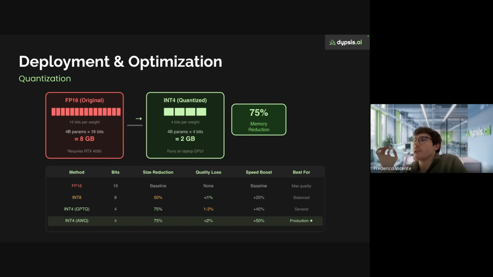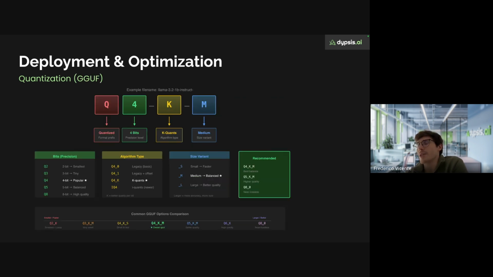Nowadays they have specific hardware for running with lower precision. So the hardware itself is what is giving this quantization more impact. When you are quantizing, you have to keep in mind that you are also losing some accuracy or quality, so it's important to find the sweet spot.